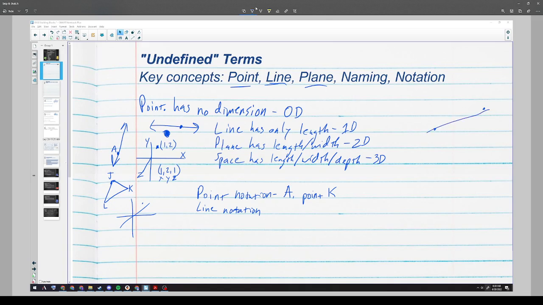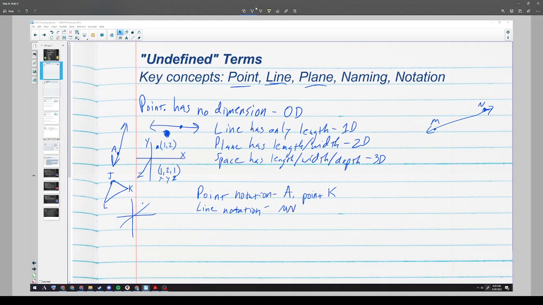So I'm going to connect those 2 with a terribly not straight line. And that is the only line that can connect them. So we can define a line by any 2 points. So if I had points M and N, I could call this line MN.